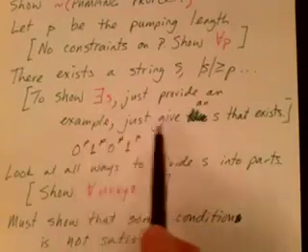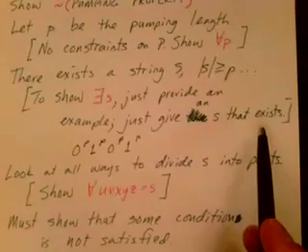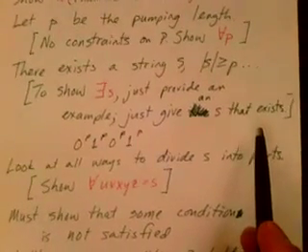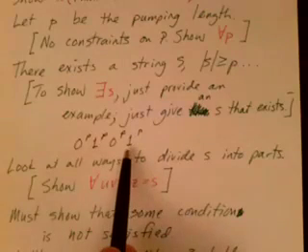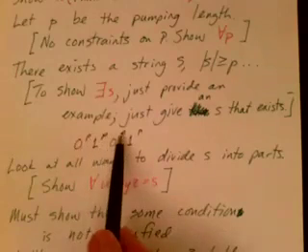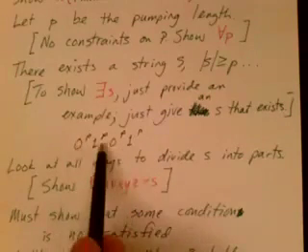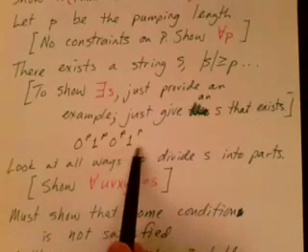We only need to find one string that cannot be pumped. Here's a string that we're going to use: 0 to the P, 1 to the P, 0 to the P, 1 to the P. Clearly the first half of this string is equal to the second half.